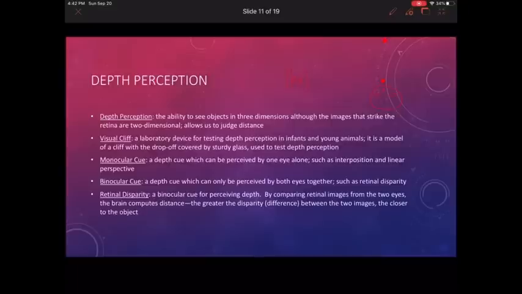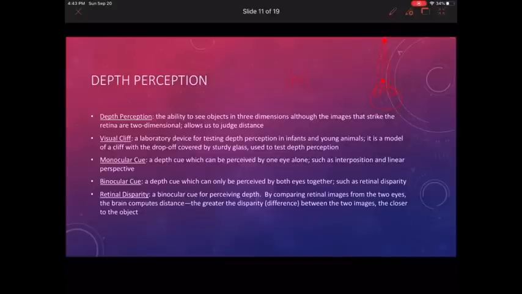Because if we're thinking about the angle at which your eyes have to be looking at this image, the closer that you get to your face, the more different the images that your two eyes see are going to be, because they're looking at that object at such different angles from one another, versus looking at an object so far away, there's hardly any tilt to having to look forward into this object.